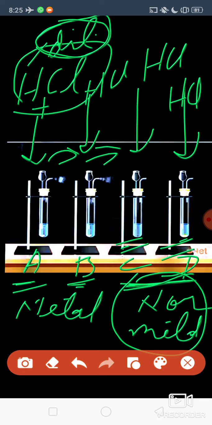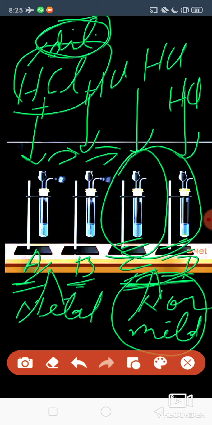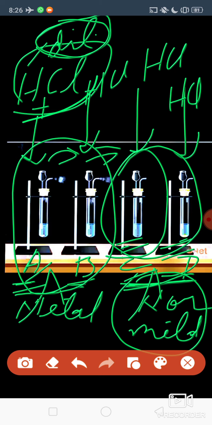After this we heated it again. After heating also, in C and D there was no reaction, but in A and B there was metal, so there was a reaction. So we conclude that metals react with acid. HCl is hydrochloric acid, that is your acid. So metals react with acid and non-metals do not react with acid.